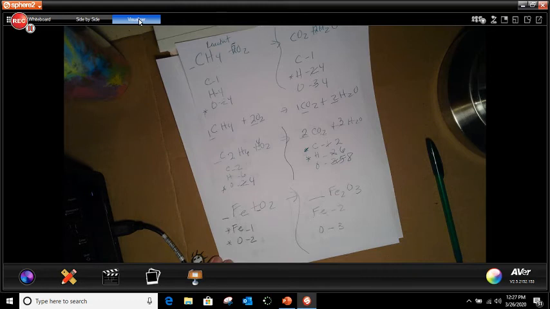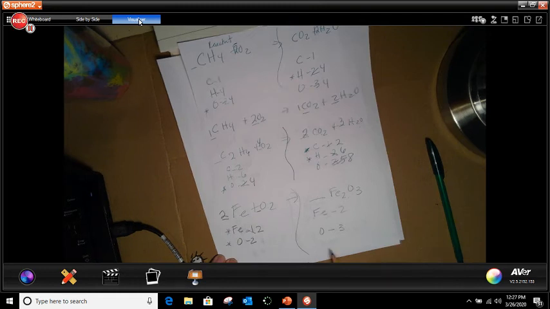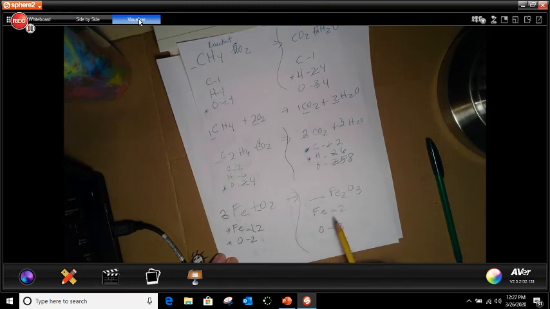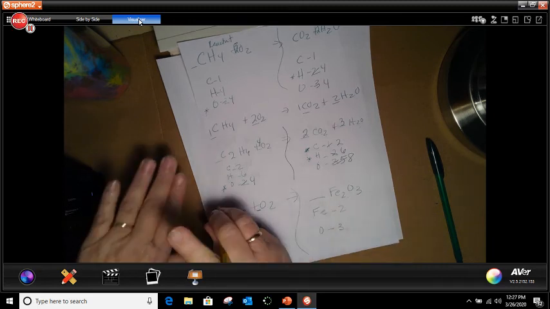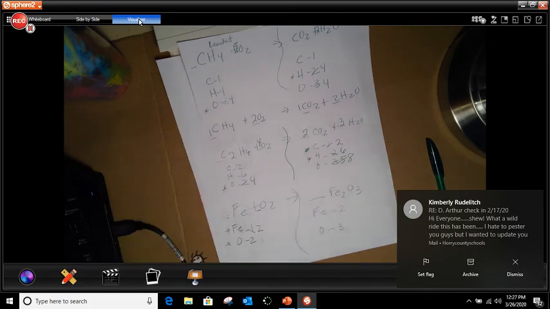But I'm going to tell you, first of all, I can change Fe very easily, can't I? I just put a 2 in front. Boom. It's done. Now, I need to change my oxygen, but guess what? I have all this attached, so that 2's not going to work. So I'm just going to go ahead and erase that.